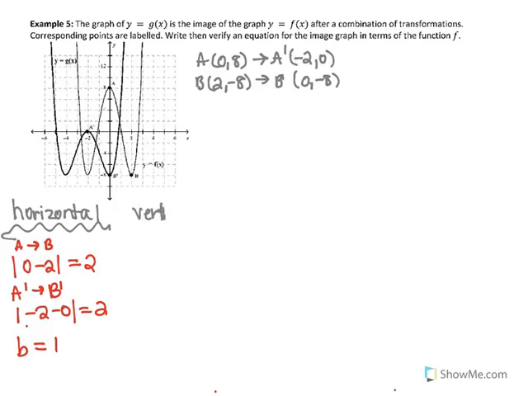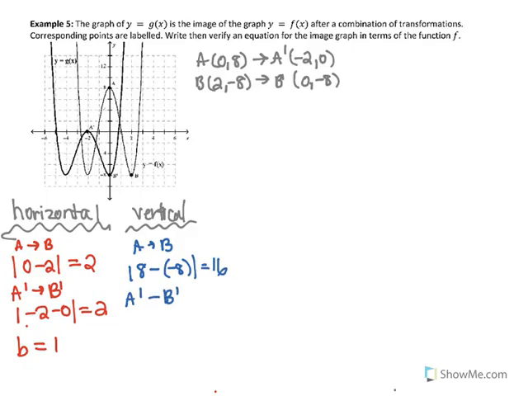Now we're going to do our vertical. So we're going to go from A to B first. So we have 8 minus negative 8, which is 16.